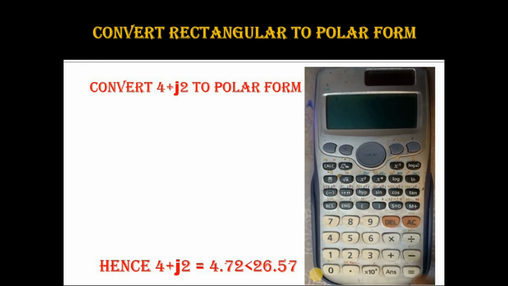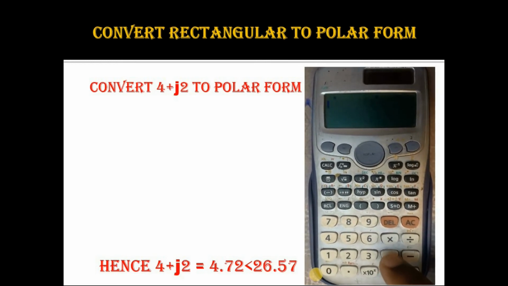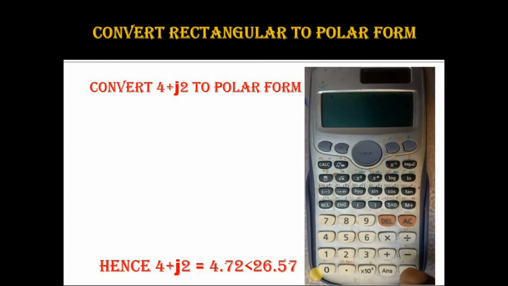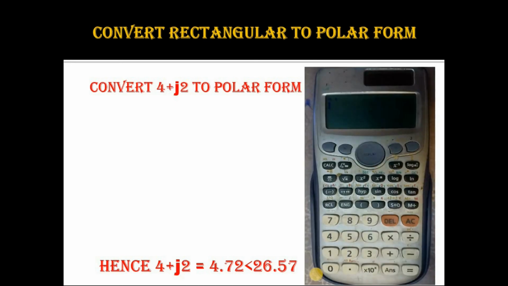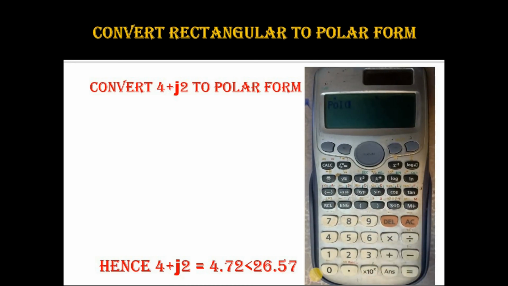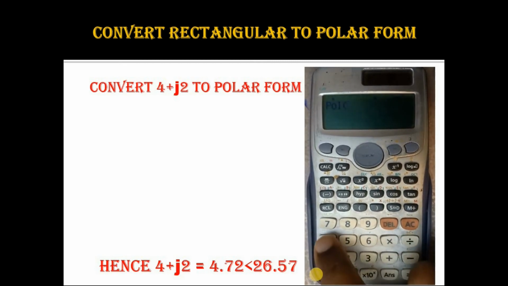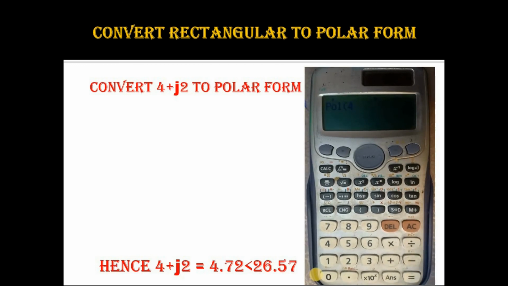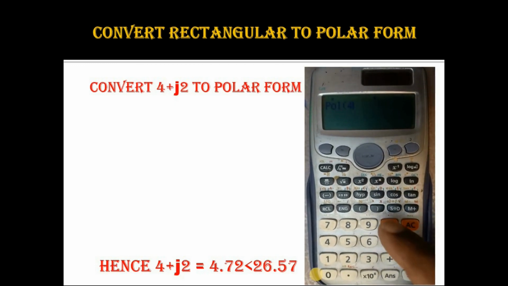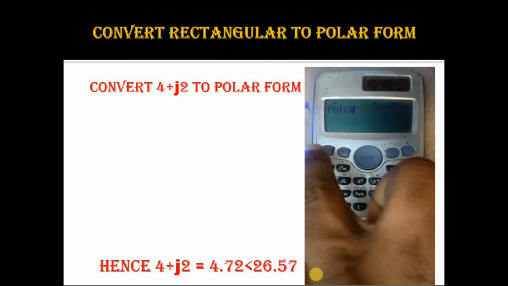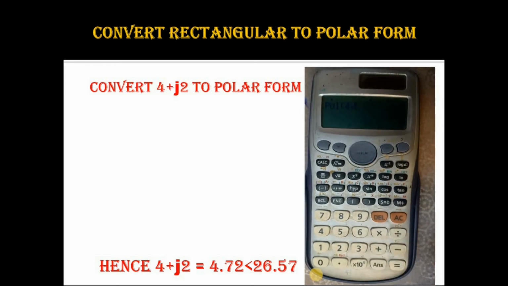Next, polar conversion function is above this plus button. So we have to use shift operator to use polar conversion. So press shift followed by plus. So in this screen you have on display polar of. Now press the 4, then comma. The comma function is above this closing bracket. So you have to use shift. So shift closing bracket.